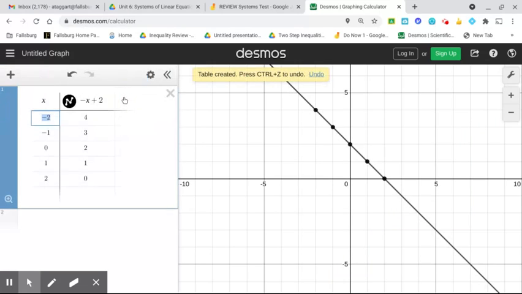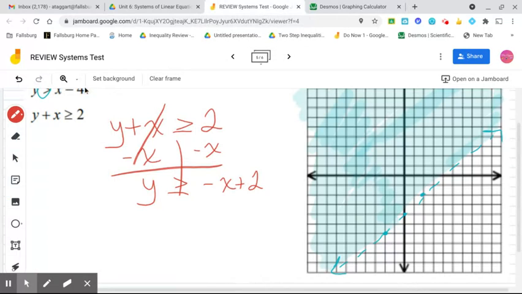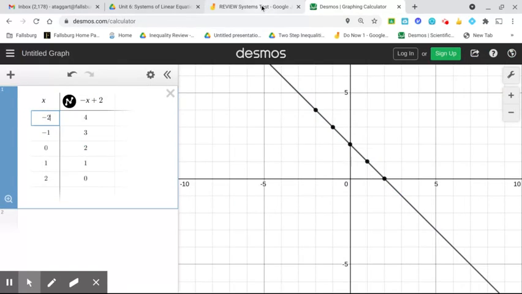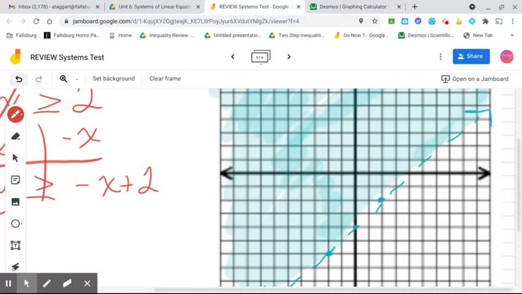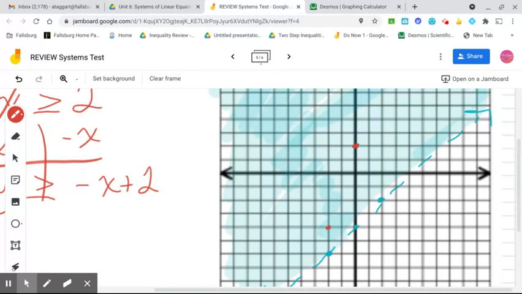I want a couple points, so I'm going to convert to table. I'm going to choose 3 points from here. Doesn't matter which ones. But please make sure when you're graphing them, again, you put nice dots on the graph so I can easily see those points. So let's do (-2, -4).